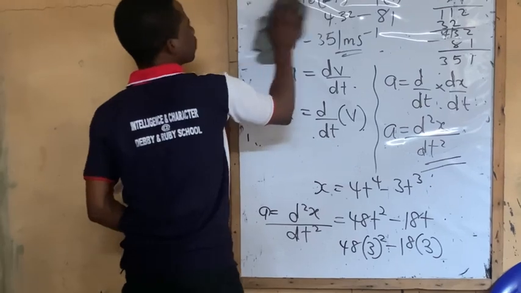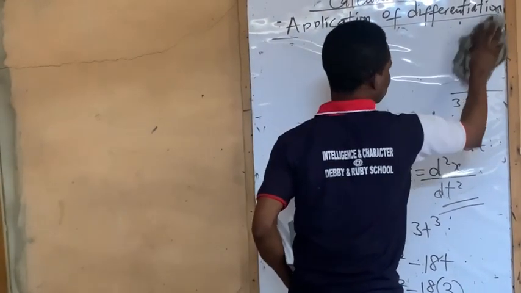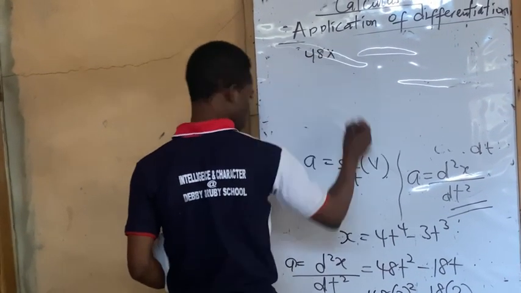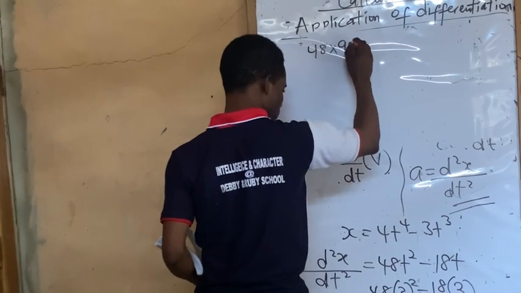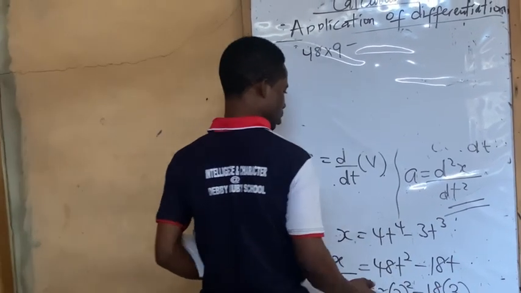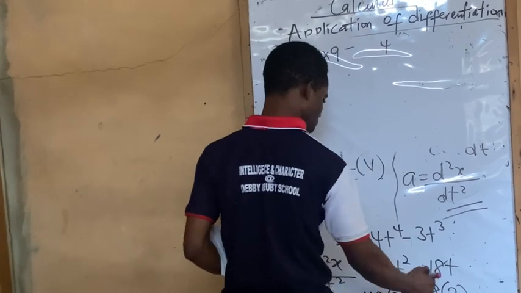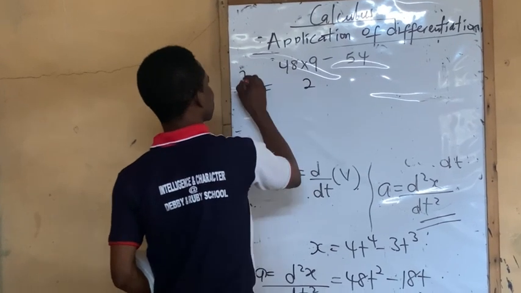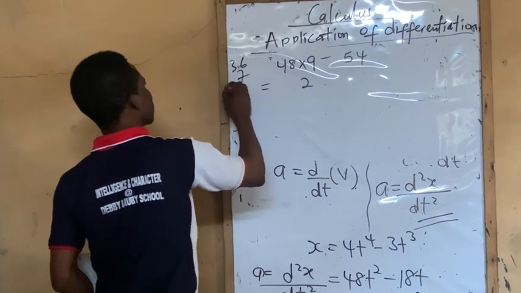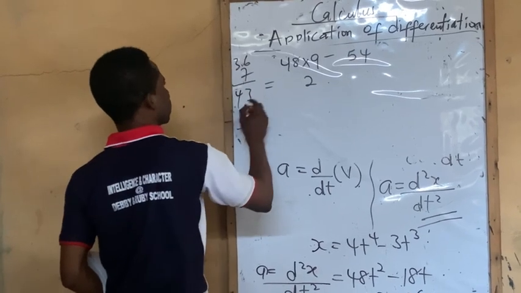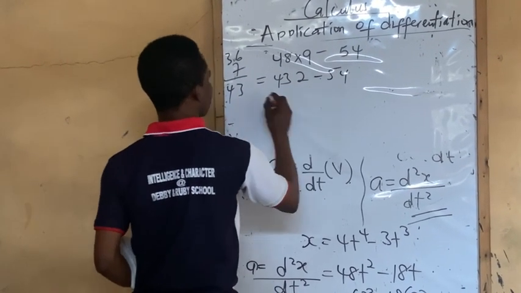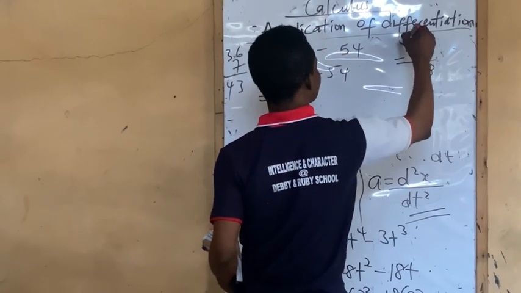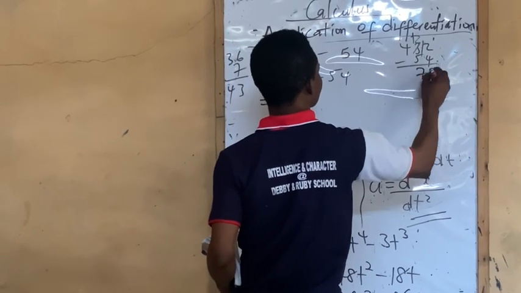We have 48 times 9 minus 18 times 3. 48 times 9 is 432, and 18 times 3 is 54. So 432 minus 54 gives 378.